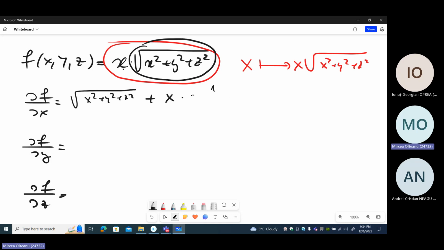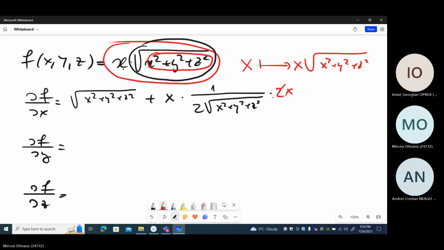That is 1 over 2 times the root of x squared plus y squared plus z squared, times the derivative of x squared plus y squared plus z squared with respect to x. What's the derivative of x squared plus y squared plus z squared with respect to x? The y and z are constants. It is 2x, of course.